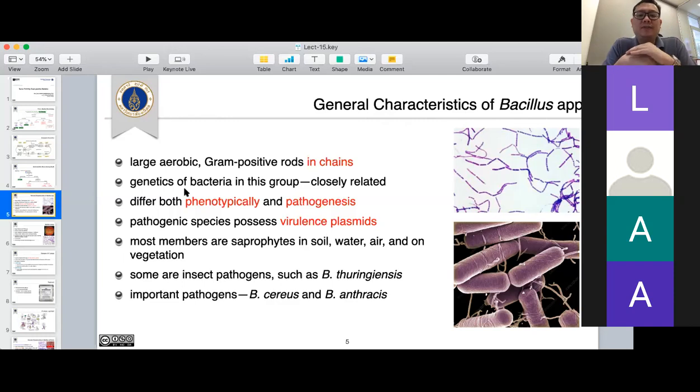B. thuringiensis produces alpha toxin. The alpha toxin is an exotoxin, okay? When Bacillus produces a lot of toxin inside the cells, the toxin becomes dense in the cells and then forms a crystal protein. That's the dense alpha toxin.